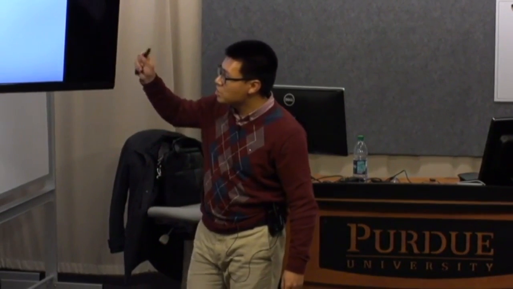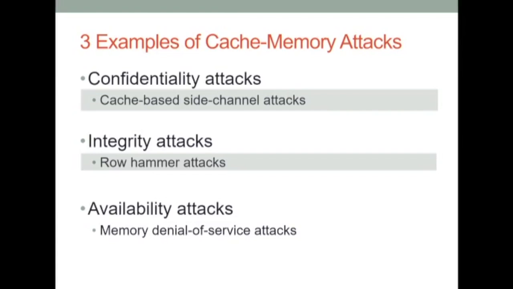Particularly, I'm going to focus on cache-based side channel attacks, which are one example of confidentiality attacks. I will also talk about Rowhammer attacks, which are one example of integrity attacks. We also have work on availability attacks, in which we show that one virtual machine can conduct a memory denial of service attack against other virtual machines in the public cloud. For time's sake, I cannot cover this type of attack in this talk.